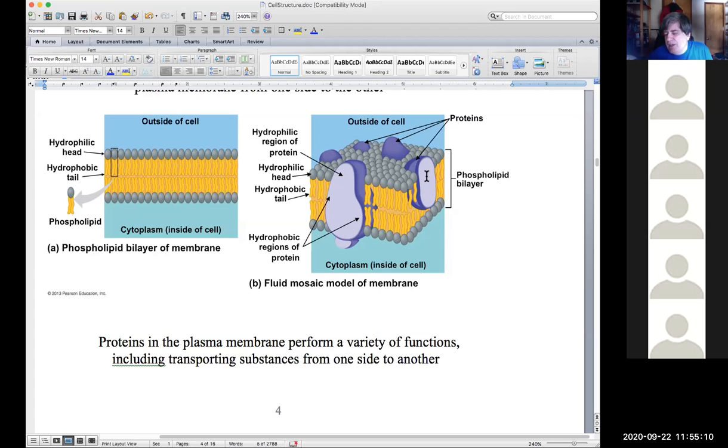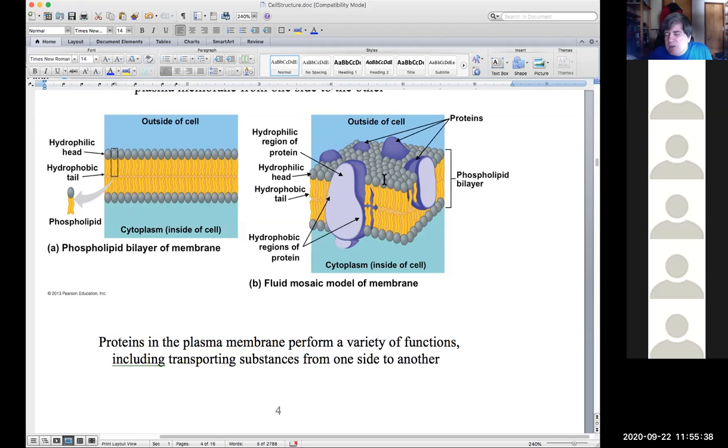Some proteins, like this one here that's basically in the outer layer, can swivel. And after something attaches to them, they can swivel and drop something off on the inside. Some proteins pick something up, and if they pick something up on the outside, it changes their shape. And then when it changes their shape, that bumps against another protein on the inside of the cell.